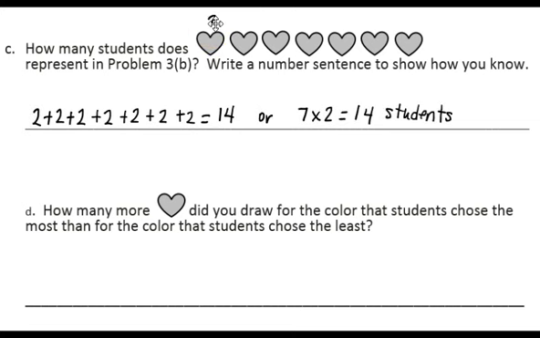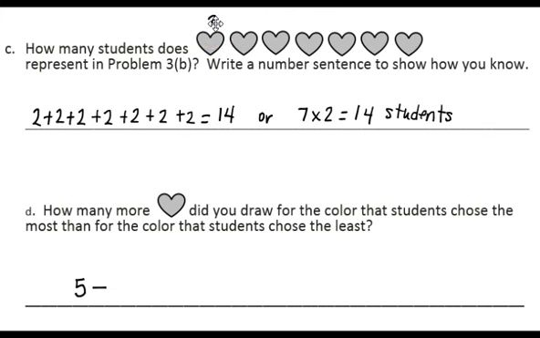My final question says, how many more hearts did you draw for the color that students chose the most than for the color that students chose the least? Well, there were 10 students who chose blue, and we drew 5 hearts to represent the 10 students, since each heart was worth 2 students.